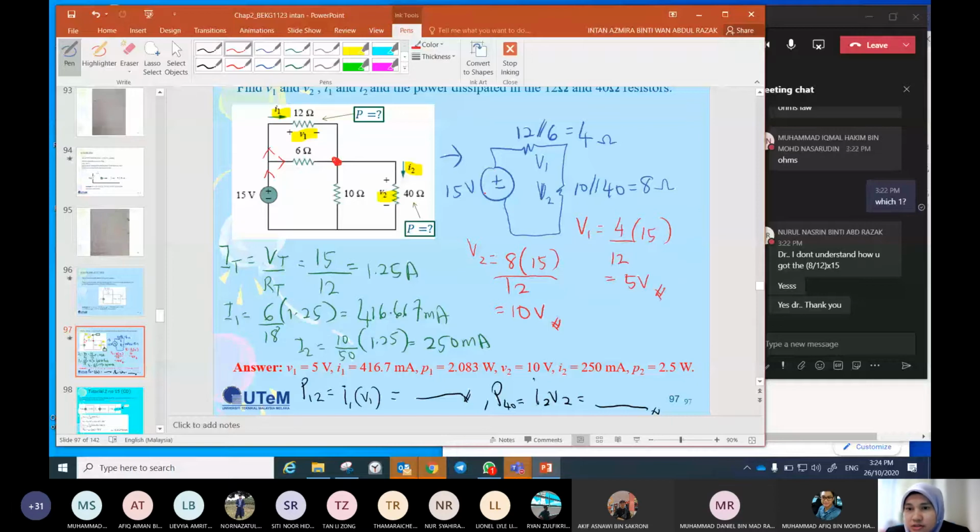It can only be used in a series circuit, because KVL deals with a loop. We apply KVL in a loop. KVL states that the summation of voltages in a closed loop path is equal to 0.